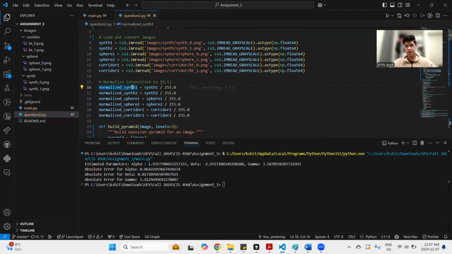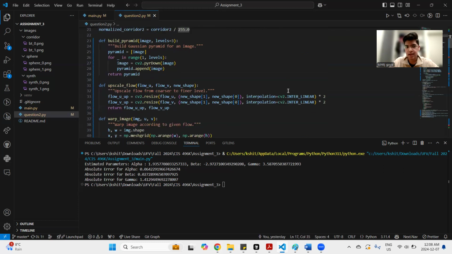As one of the assumptions for the Lucas-Kanade algorithm is small motion, so the pixel displacement is small relative to the image resolution. But between those two images, it is a lot. So by using a pyramid, I get a proper flow rather than a messed up flow.